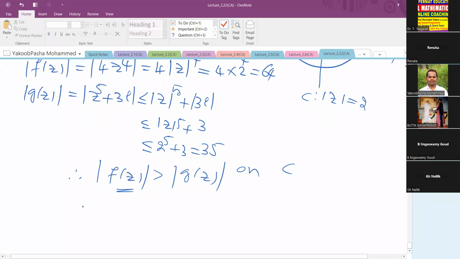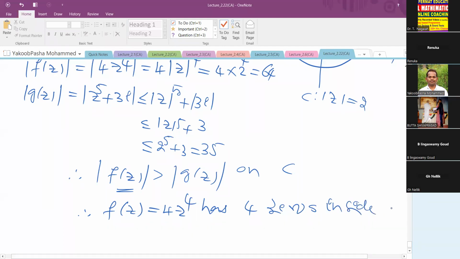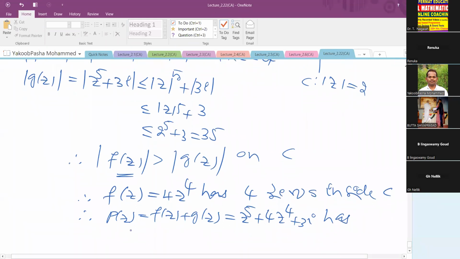Therefore, f of z is equal to 4 z power 4, which has 4 zeros inside C. Therefore, p of z, which is given, is equal to f of z plus g of z, that is z power 5 plus 4 z power 4 plus 3i, and it has 4 zeros inside the circle C. Okay, this is the idea.